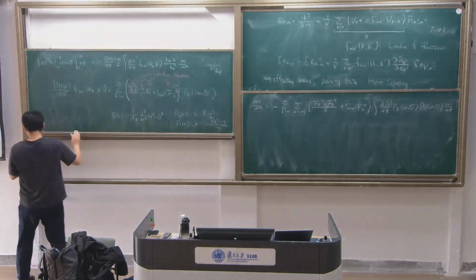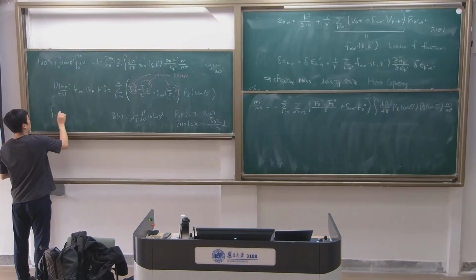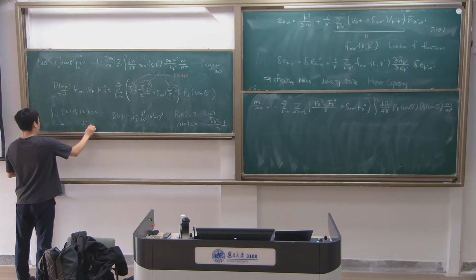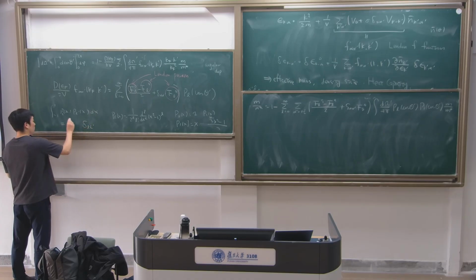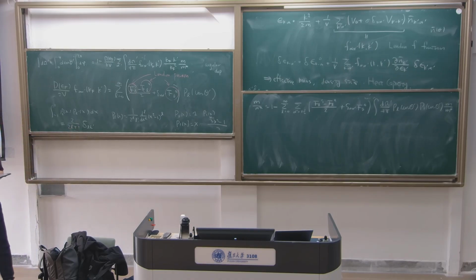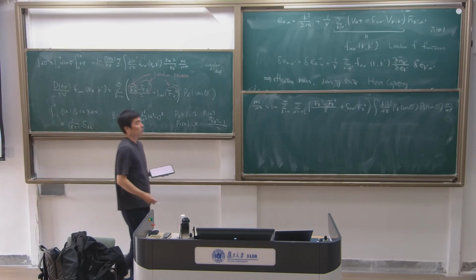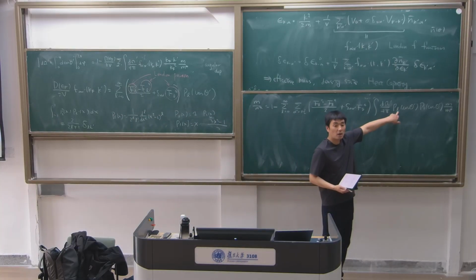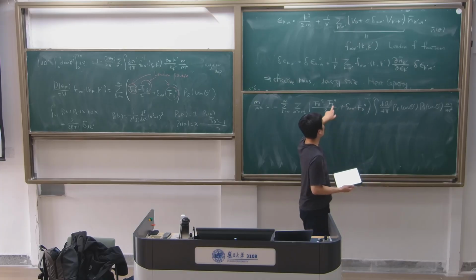Orthogonal function means that if you integrate, you get delta L L prime with some normalization factor 2 over 2L plus 1. Therefore, this integration only kicks out L equal to 1. So everything becomes L equal to 1.